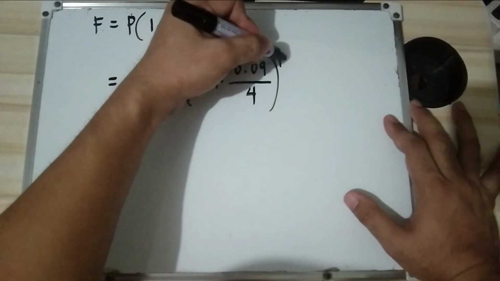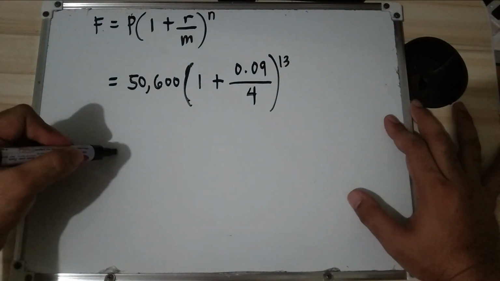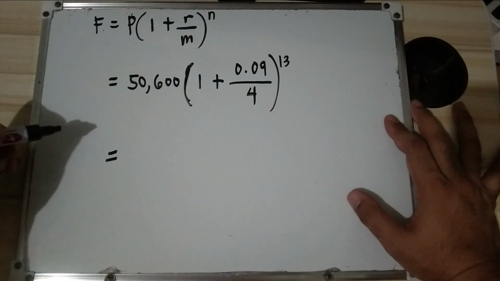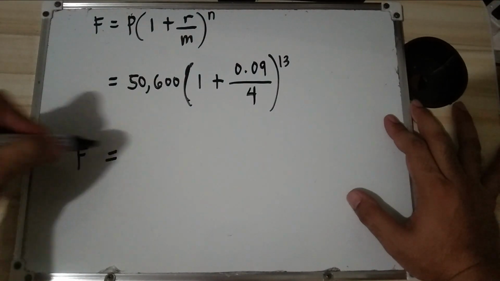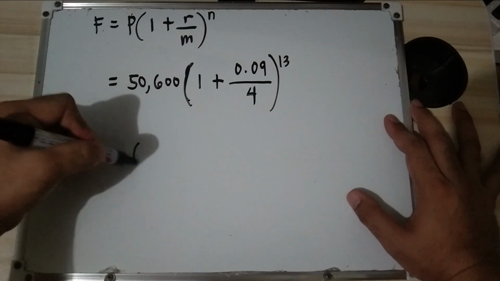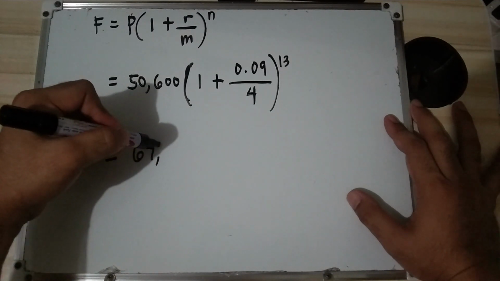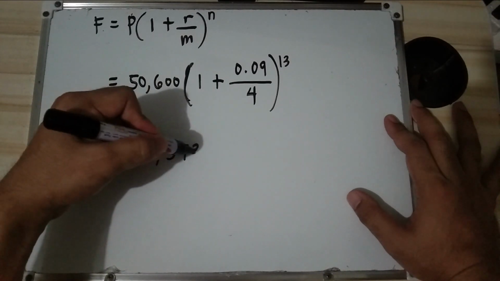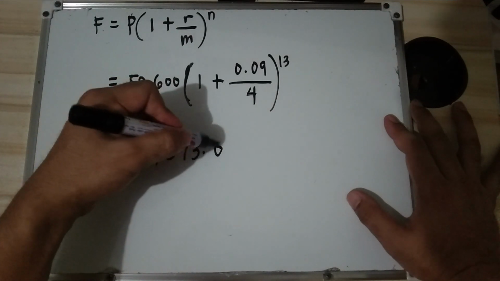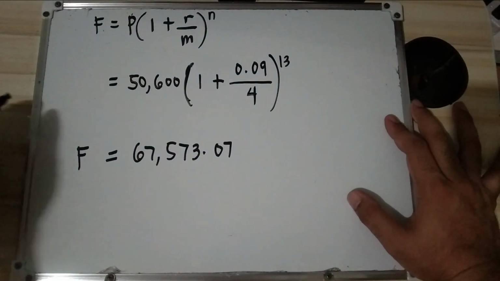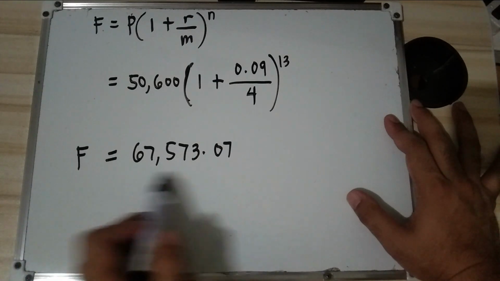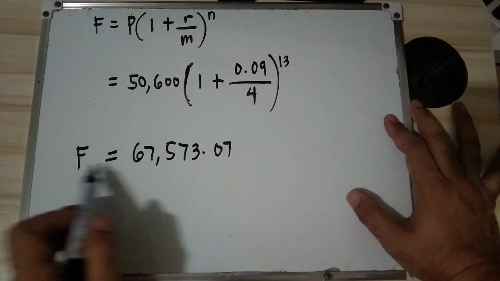Yung 13. Okay? So, sa calculator, ang value ng F natin is 67,573.07. So, ito yung ating maturity amount. Okay? O yung compound amount.